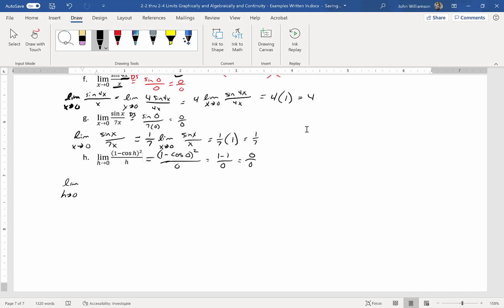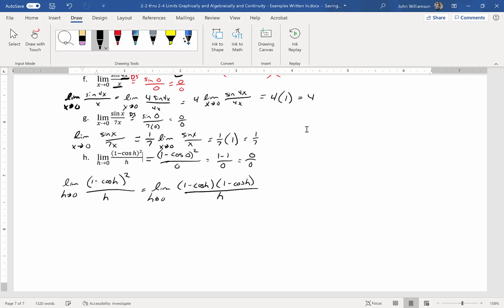So this is going to become the limit as h is approaching 0. Rewrite our original one first, 1 minus cosine h quantity squared over h. And then this becomes, so if we think about that, right, this is limit as h is approaching 0, 1 minus cosine h times 1 minus cosine h, all over h, right?